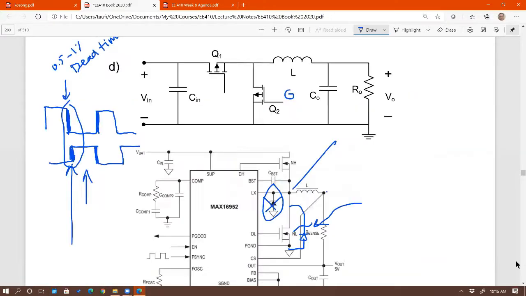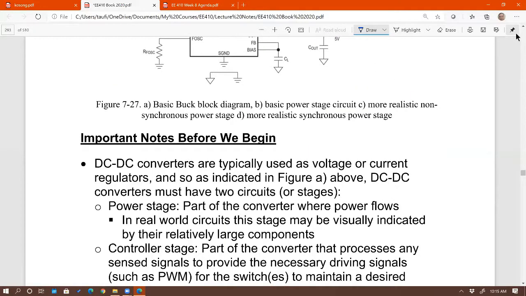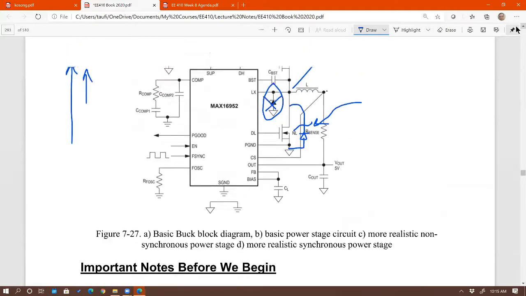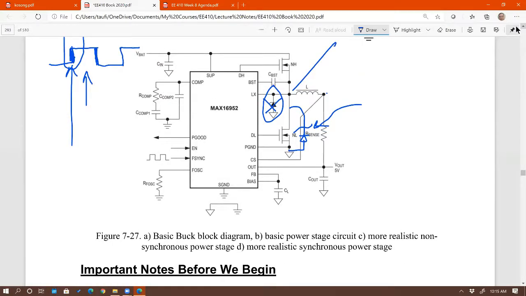I think I have a picture to show you that, maybe right there. This is perfect right here. Is it perfect? It is. Okay. Kind of. Notice that the way Maxim drew this, look at the different symbols for the grounds. It tells you that those two are separate grounds, but at the end they combine the two.